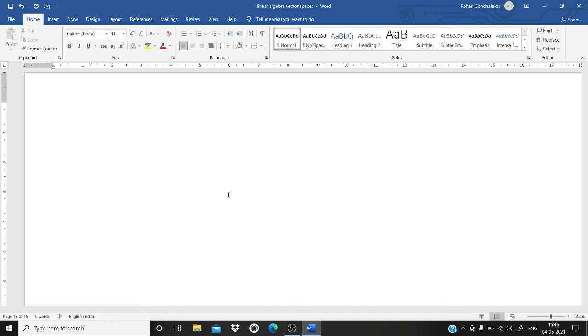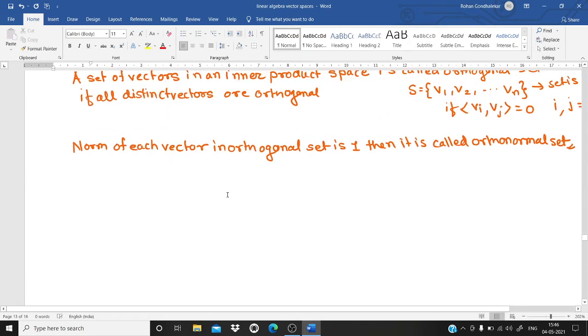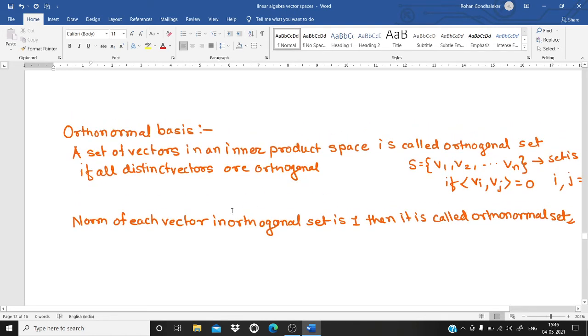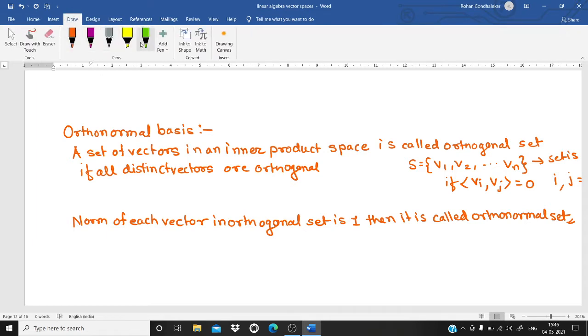Yesterday we studied the definitions of orthogonal set and orthonormal set. Let's take a quick review. A set of vectors in an inner product space is called an orthogonal set if all distinct vectors are orthogonal.